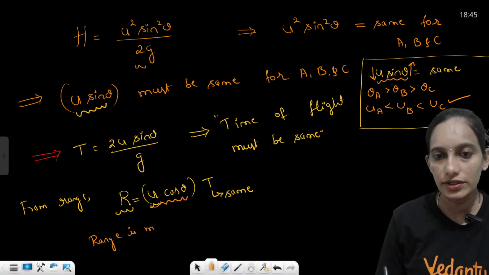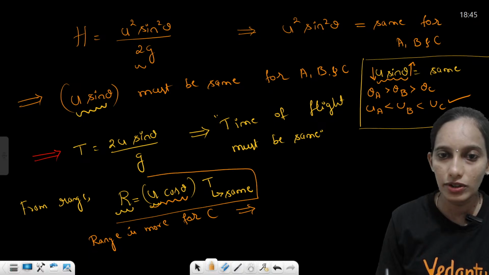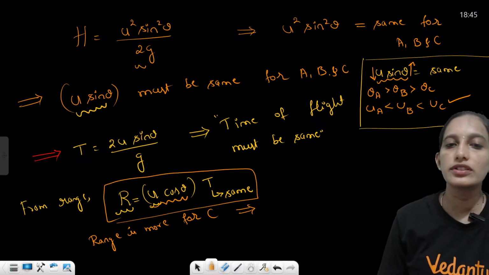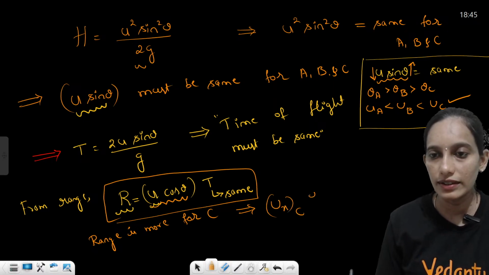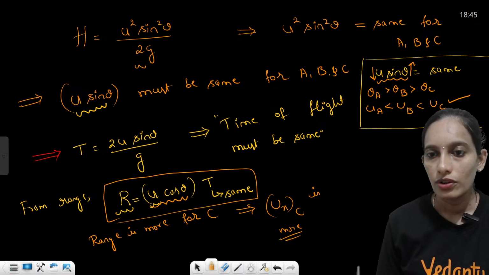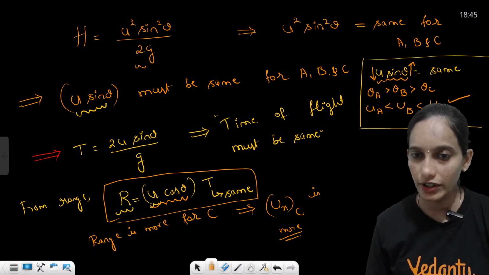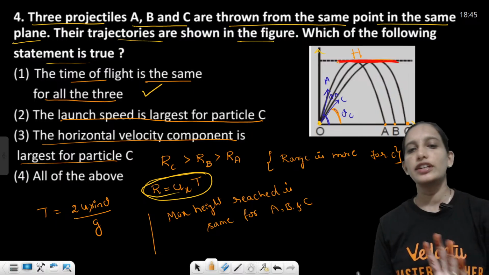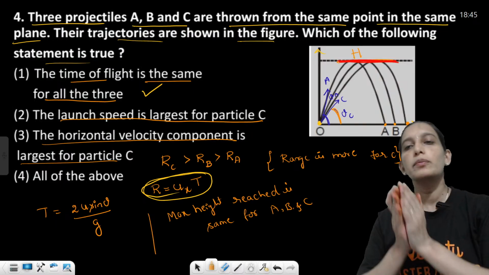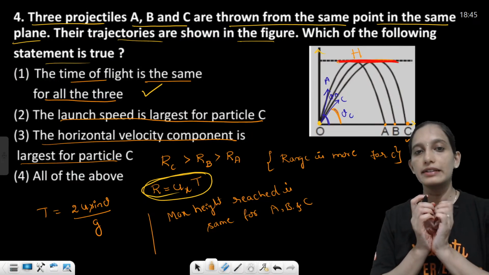Range is more for C, which implies, since the time of flight is the same, the more u cos theta. u cos theta is nothing but ux, correct? So we can say ux of C is more compared to projectiles A and B. Basic equation: range is ux into t. So more the range, more must be ux, that is, the horizontal component of velocity must be largest for particle C.